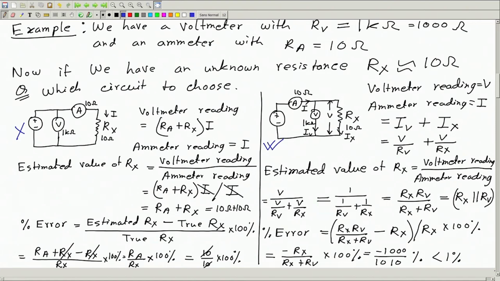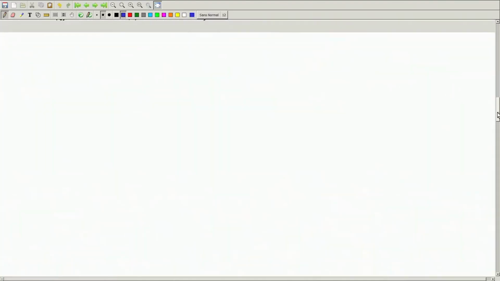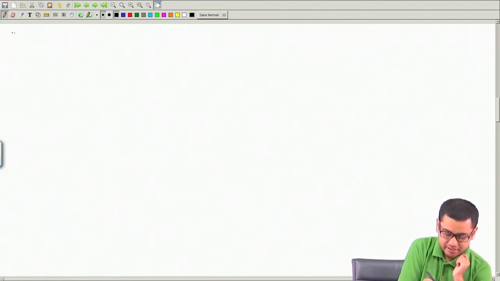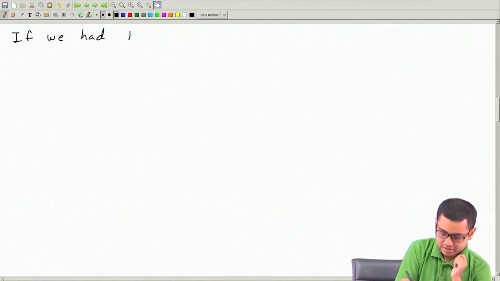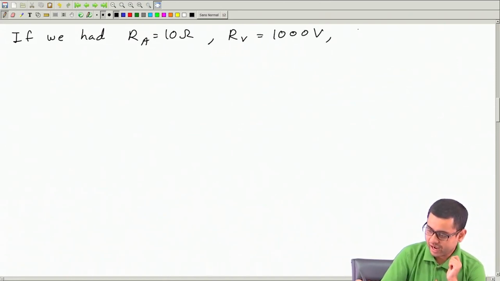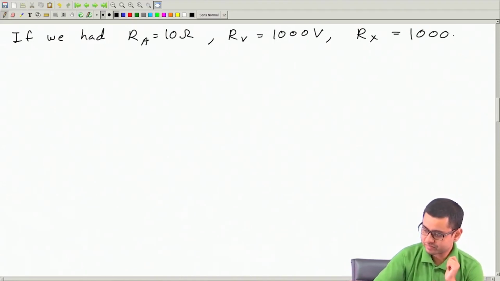Similarly, I'll give you a small homework maybe. If we had, say, Ra equals 10 ohm as before, RV equals 1000 ohm as before, but Rx equals, say, around 1000 ohm.